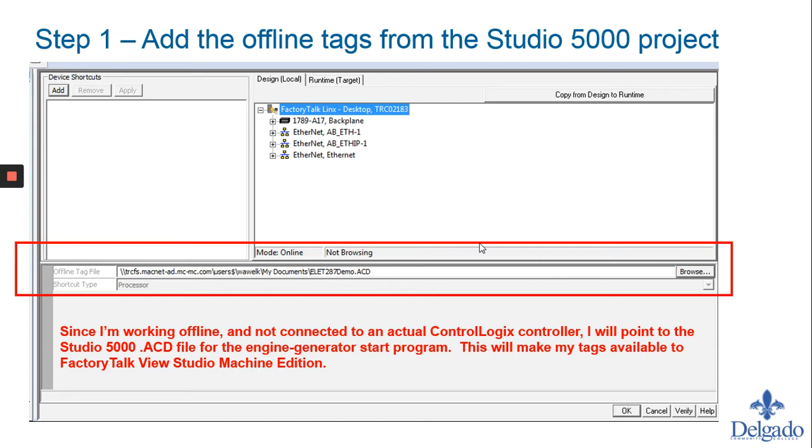I'm simply going to point to that file, and at that point all the tags will be available. They call them offline tags. If we were connected live to the real equipment, it could pull the tags right out of the controller online, so there are online tags as well as offline tags.